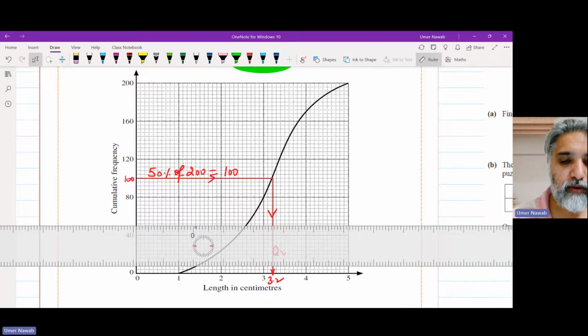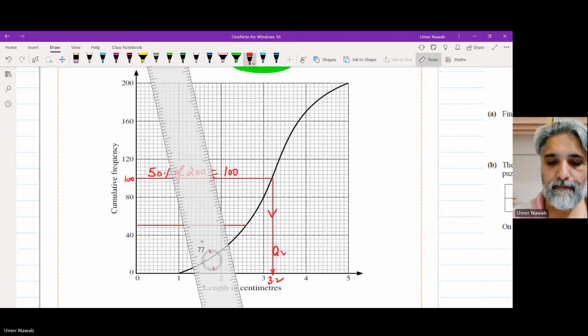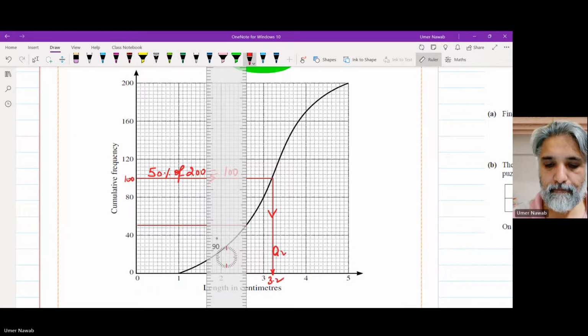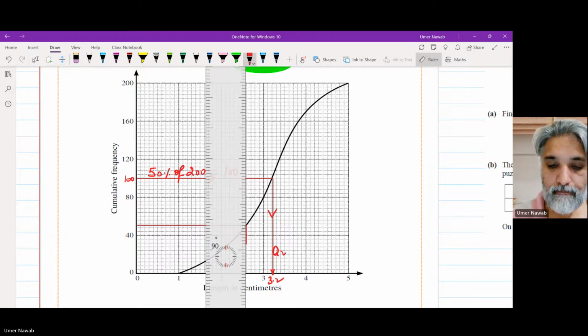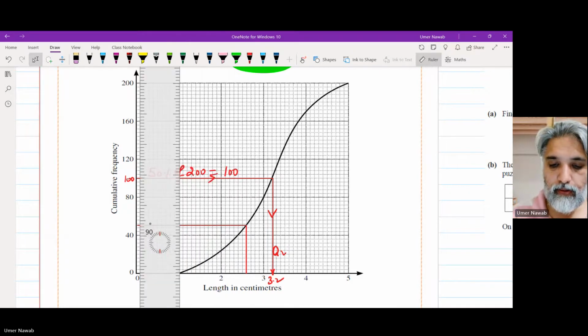So I cannot go to 52, I take the middle of that. So it gives me approximately 2.1, 2.2, 2.3, 2.4, 2.5, 2.6 is my lower quartile.